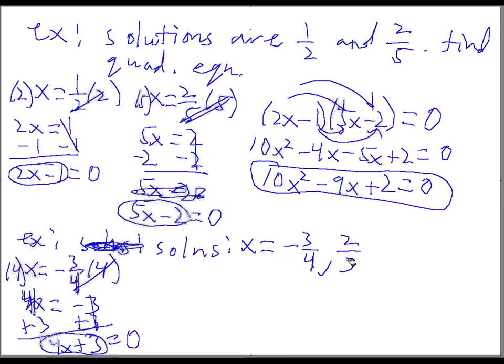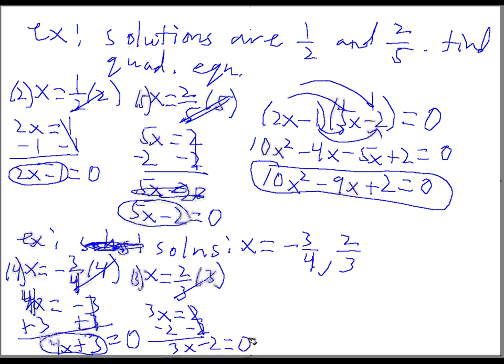All right. Second one is going to be what? Well, again, similarly, we'll times by 3 to work backwards. And you can skip some of these steps and do it in your head if you are comfortable enough with this process. So we get 3x equal to 2. Again, just subtract the 2 over. So we get 3x minus 2 is equal to 0.